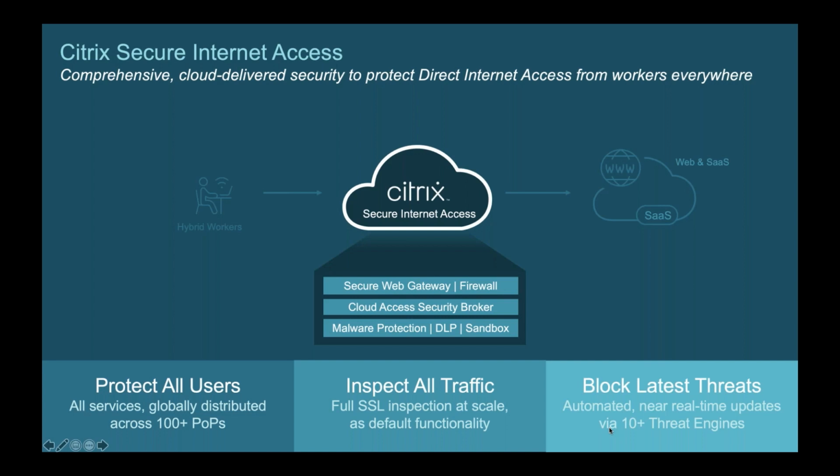So how do we do this? Think of the security you have in enterprise data centers. Some of you probably have secure web gateways, firewalls, and malware protection. We've taken all of that, plus added more functionality like a cloud access security broker, data loss prevention, and sandbox functionality. We've packaged all of this into a high performance architecture and tossed it into the cloud across 100 different points of presence.